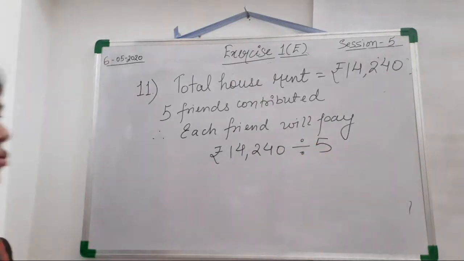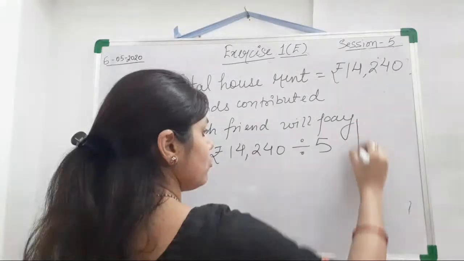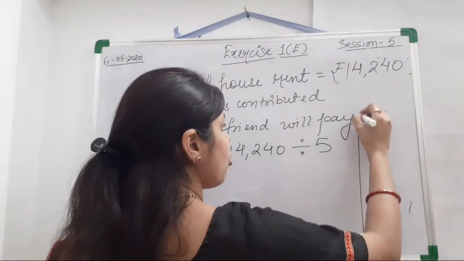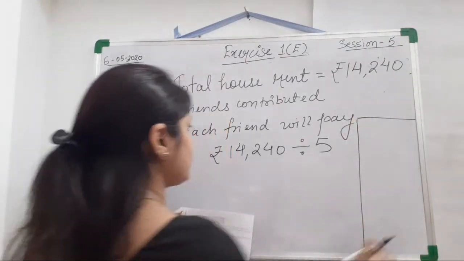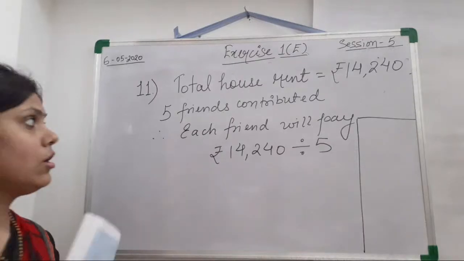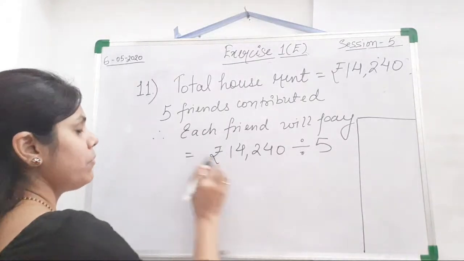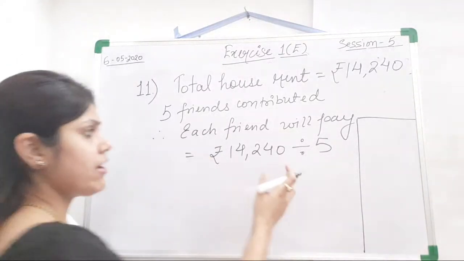Like this you will do, and you can make a rough column here. Each friend will pay rupees 14,240 divided by 5.